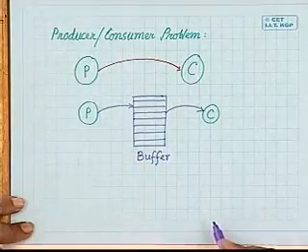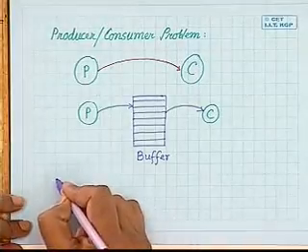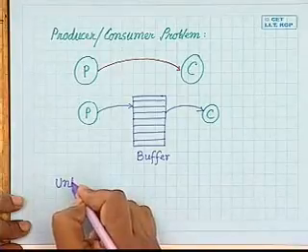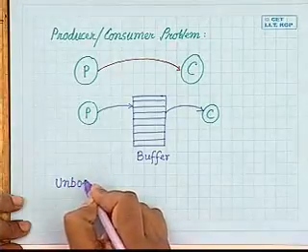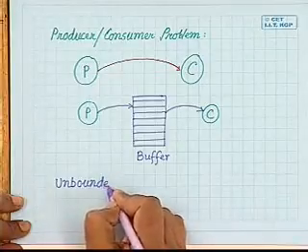Now, even in this case, we can have two types of situations. One is unbounded buffer. That is, we don't have any limitation on the buffer size. So we call it unbounded buffer.